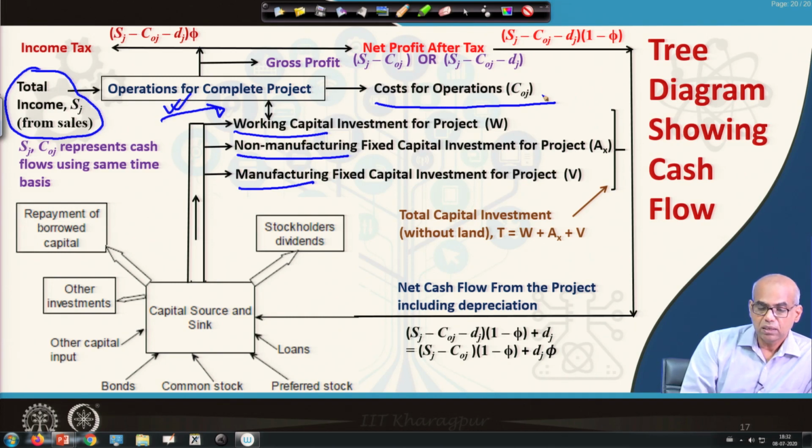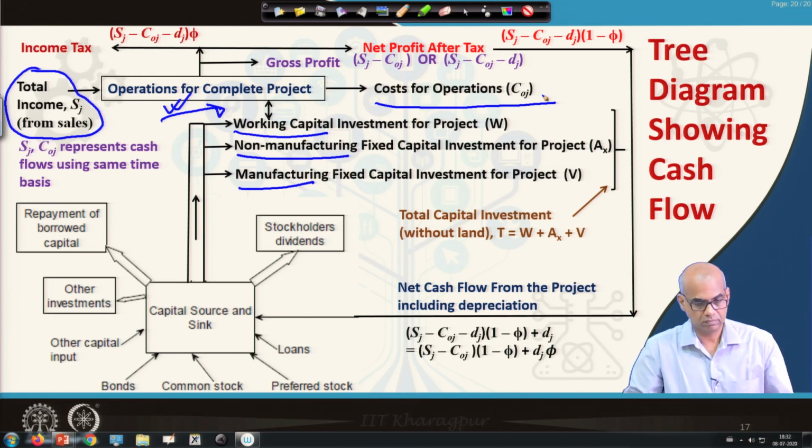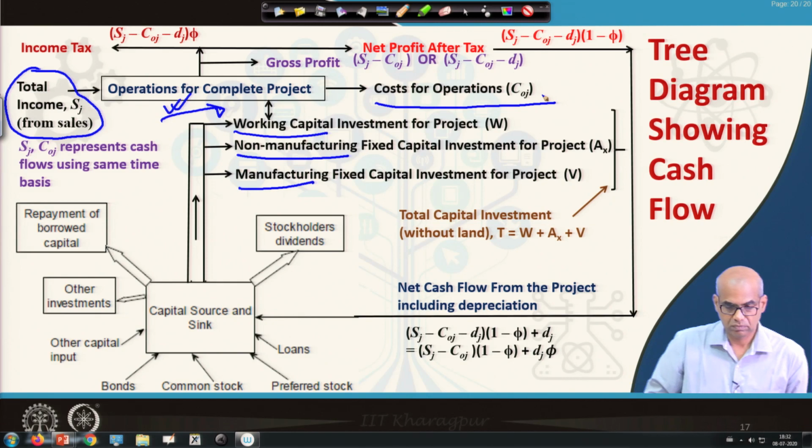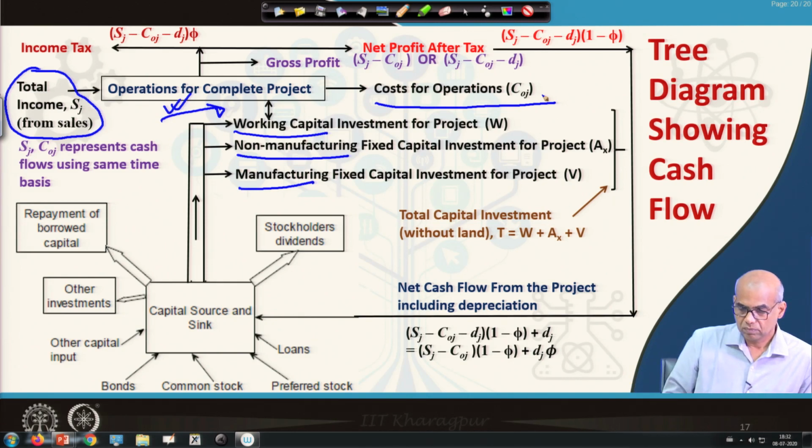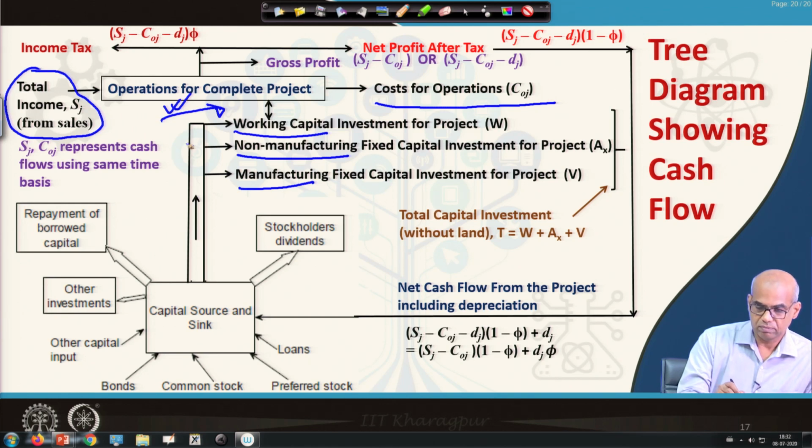Both cash flows are represented using the same time basis, let us say rupees per hour, rupees per year, etc. So, the fixed capital investment stops here. Then you will be supplying working capital.